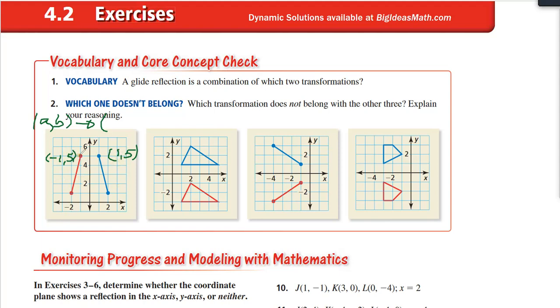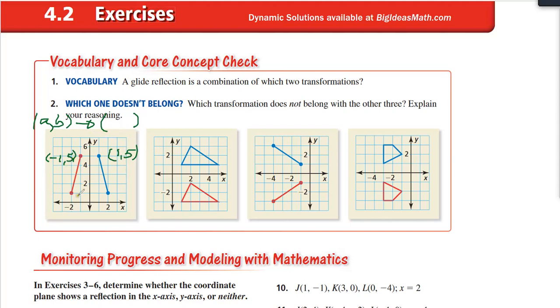Notice when we're going across the y-axis, it was the x part that changed. This 1 became a -1. Who can tell me what I should write here? What's the rule this is following?